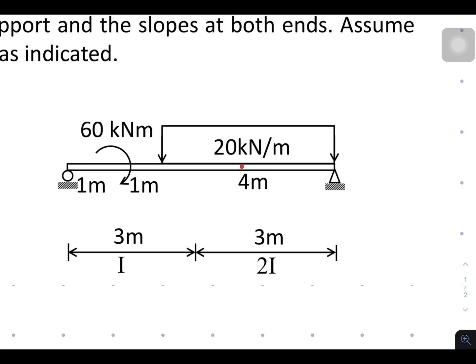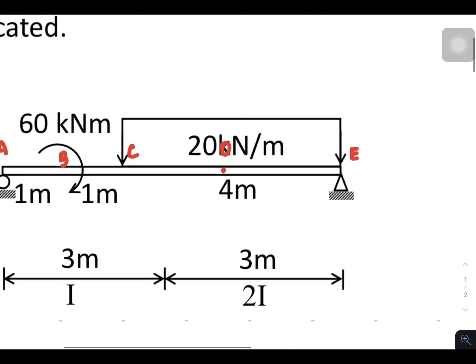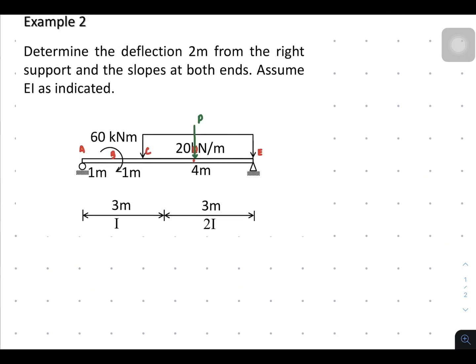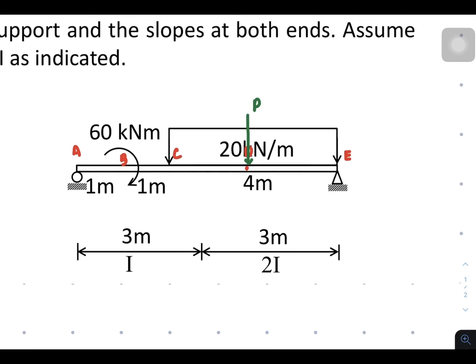If we assign a letter to each point, this is A, this is B, this is C, this is D, and this is E. We also place the P force at point D, since that is the point where deflection is asked, and the direction is the anticipation of how the point deflects.